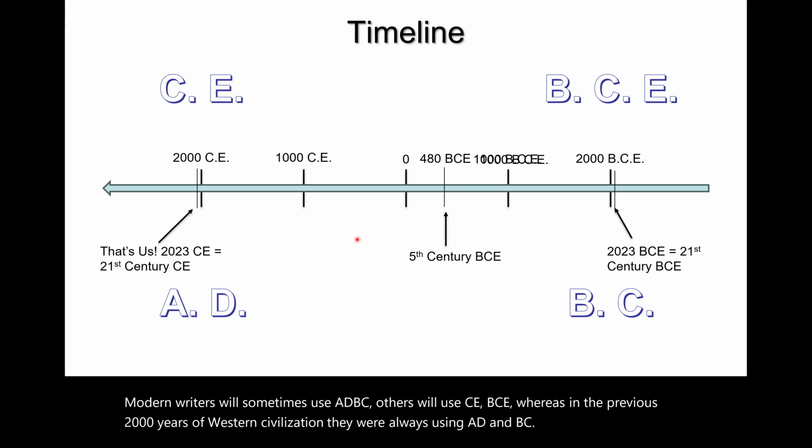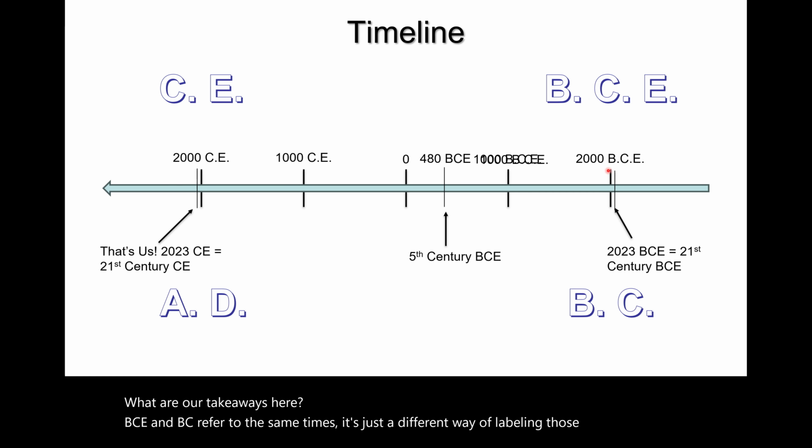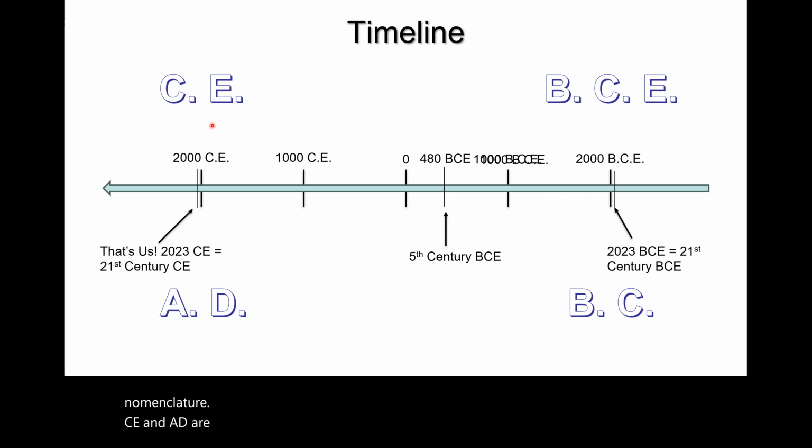What are our takeaways here? BCE and BC refer to the same times. It's just a different way of labeling those times, a different nomenclature. CE and AD are equal in time. They are, again, just different terms to attach to those numerical dates.